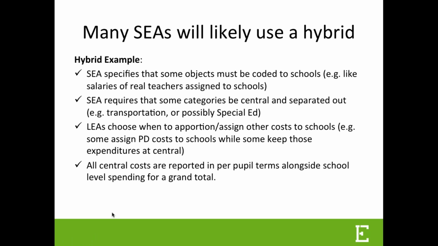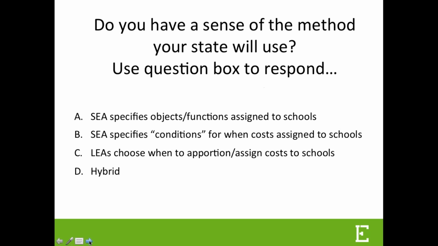And then to make sure we can compare numbers, all central costs will be reported in per pupil terms alongside the school level spending for a grand total. So that we see as a likely hybrid example, and yet we'll probably see states do almost everything in between.